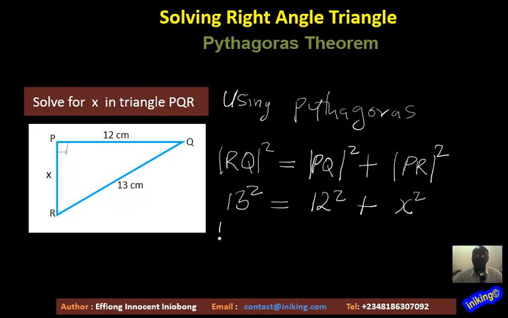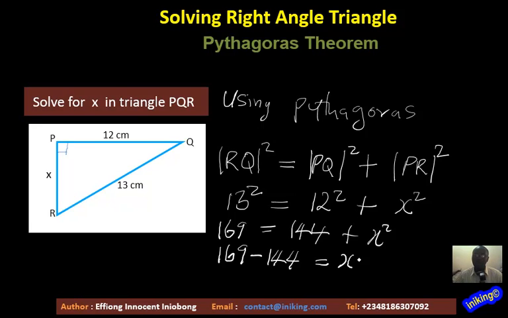13 square is 169, and 12 square is 144, plus what? X square. Rearranging here, I can transfer 144 to the left hand side and it becomes minus 144, and we have x square remaining on the right hand side. 169 minus 144, you will agree, will give me 25, and this is x square.